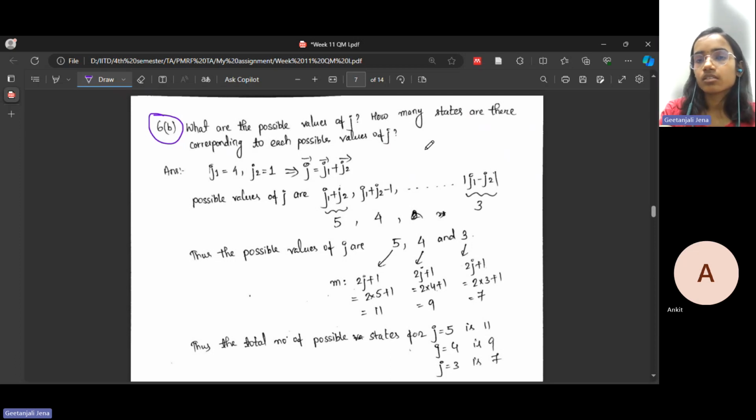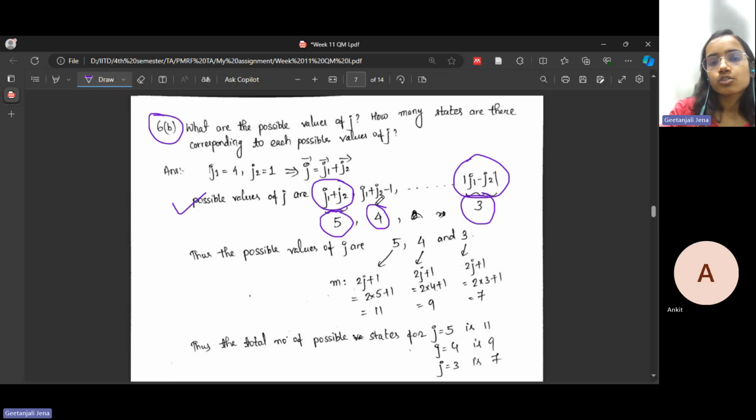If you have two particles J1 and J2, then J will range from J1 plus J2 to mod of J1 minus J2. J1 is 4 and J2 is 1, so it will be 5 and this will be 3. In between 5 and 3, you will have one value which is 4. So you will have a total of 3 values of J, which are 5, 4 and 3.